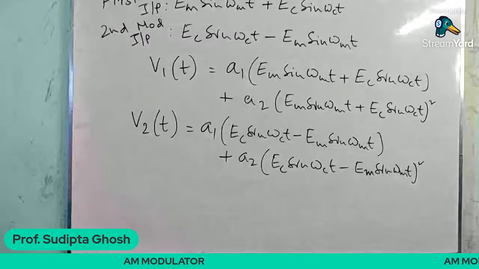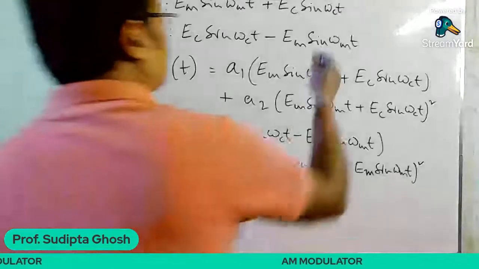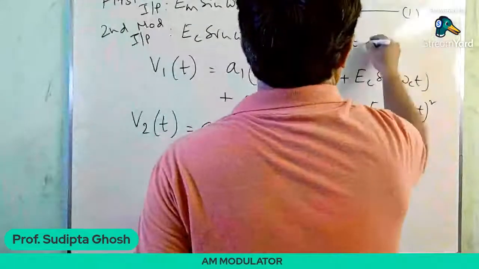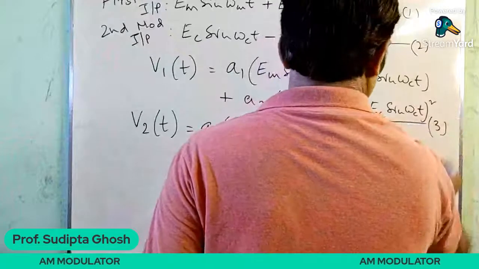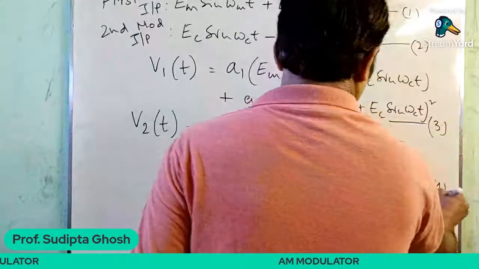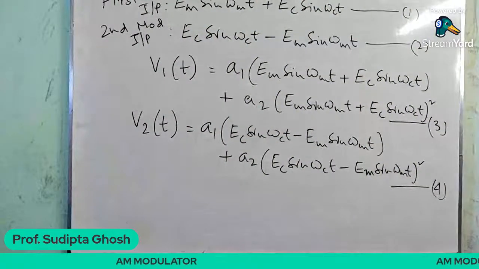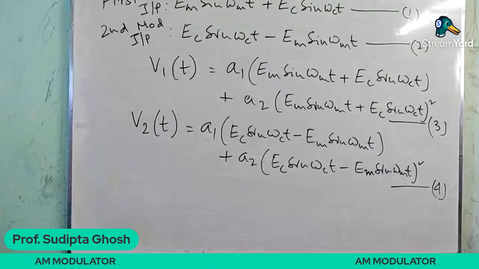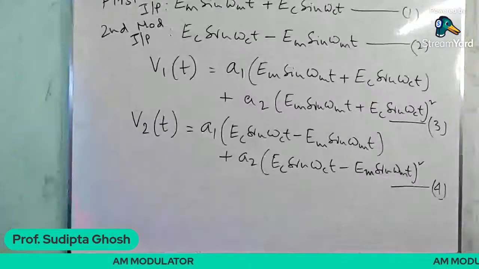Is it okay? Let us write these equations as equation 1, equation 2. This one is our equation 3, and this one is equation 4. So equations 1 and 2 are the input voltages of the AM modulators.